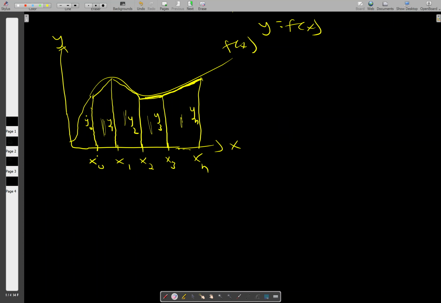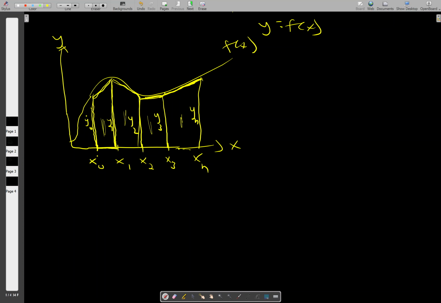After joining all the points, we obtain trapezium shapes. We have a trapezium here, and we also have another trapezium there.